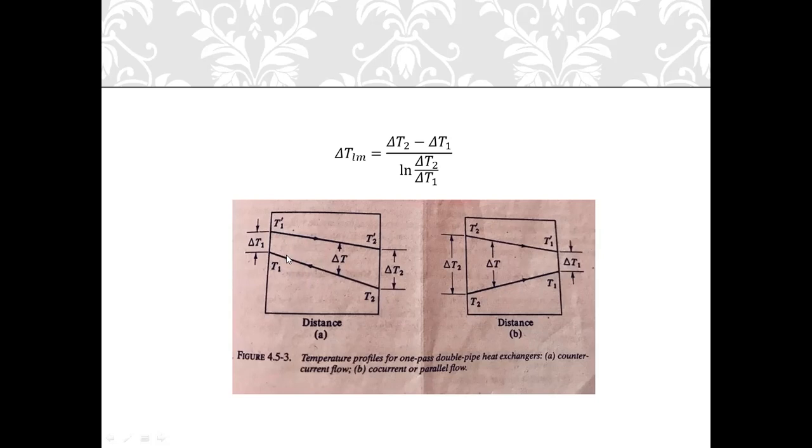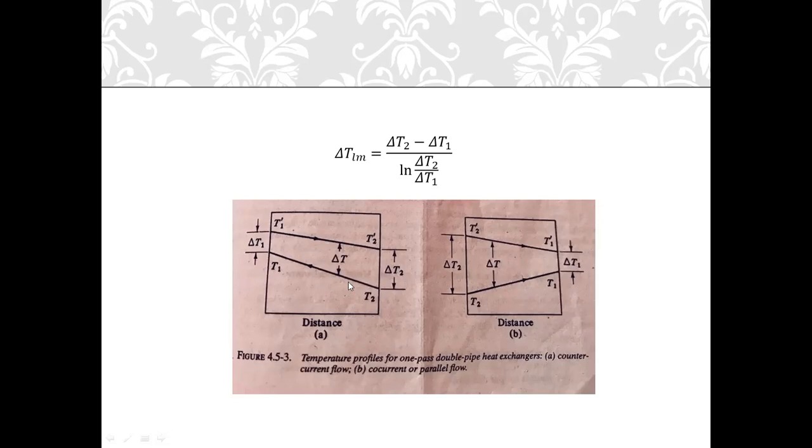So at the beginning, this will be the difference, but towards here, the difference will be bigger. That's in the case when the flow of the fluids in your two concentric pipes is counter current. If you have co-current or parallel flow, meaning they are all entering on the same side of the pipe, this would be your temperature difference profile.